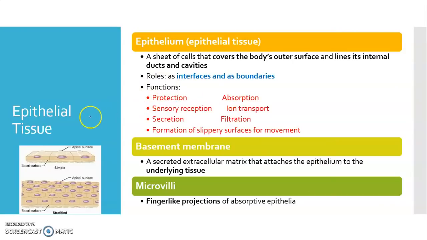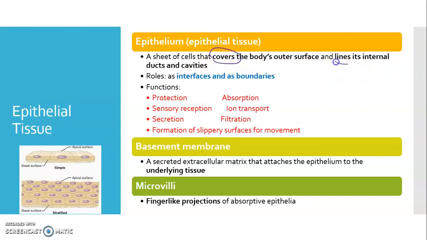Okay, first we look in detail at the epithelial tissue. For the epithelial tissue, we can see it is of course a sheet of cells, because it is composed of epithelium cells that cover the body's outer surface. The word cover here.